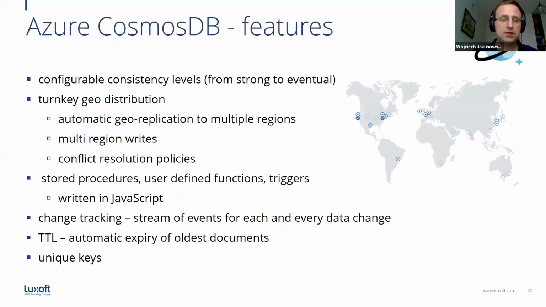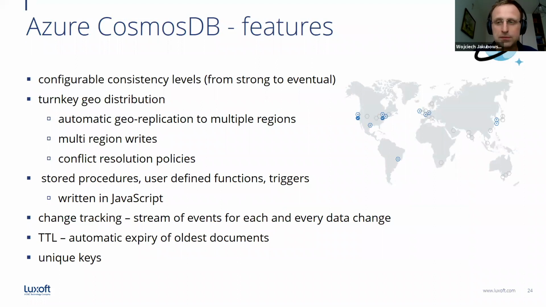Yeah, and here are some notable Azure Cosmos DB features. You can configure consistency levels by specifying whether you are interested in consistent data reads at the cost of performance or vice versa. You can easily enable geo-distribution.